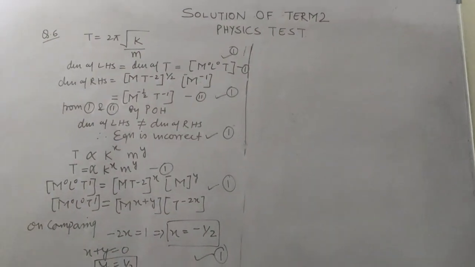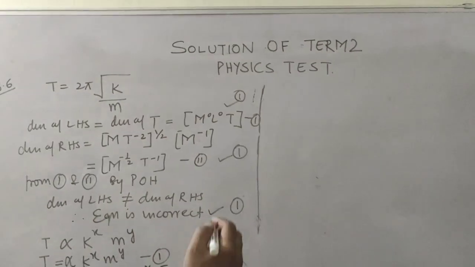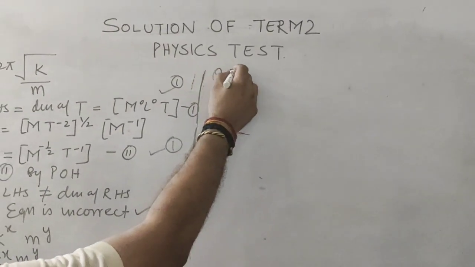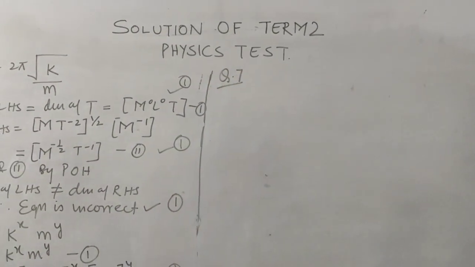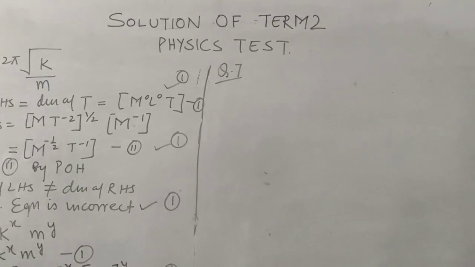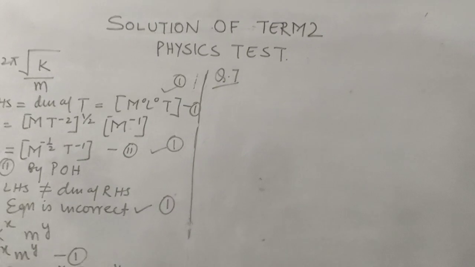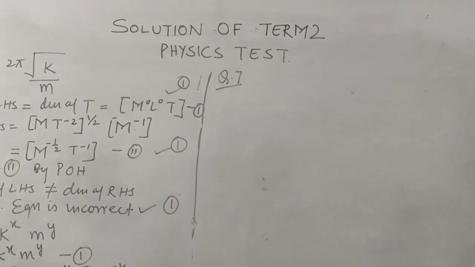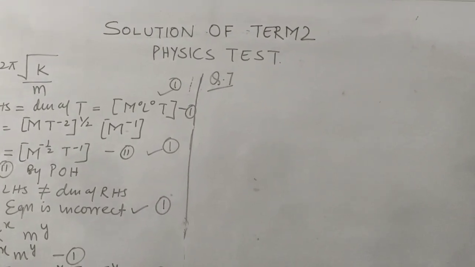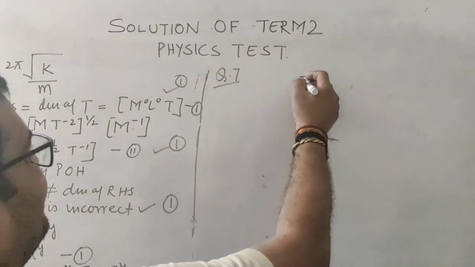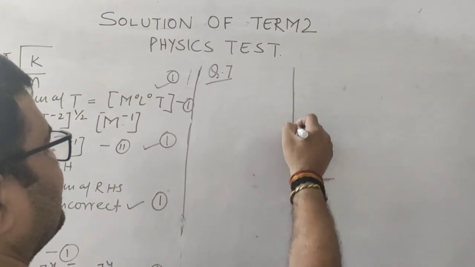Now question number 7 of your test, that is the last question of this test, which says that an object is exploded in the air. It divided into 3 parts.